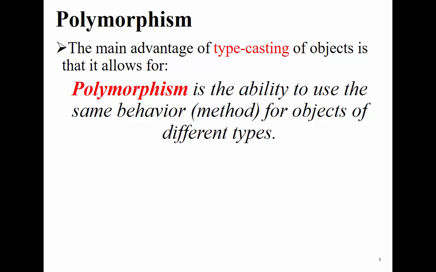Starting from polymorphism, from the point that we closed last time, polymorphism is the ability to use the same behavior. When we say behavior, in these lectures, we mean by behavior a method. So if we use the same behaviors, that means the same set of methods, for objects of different types.